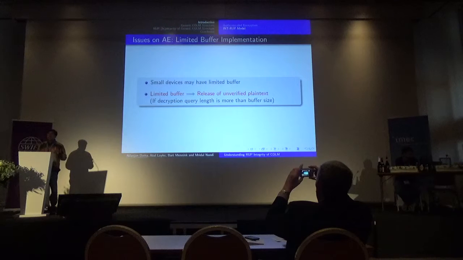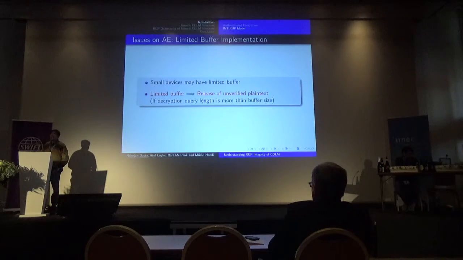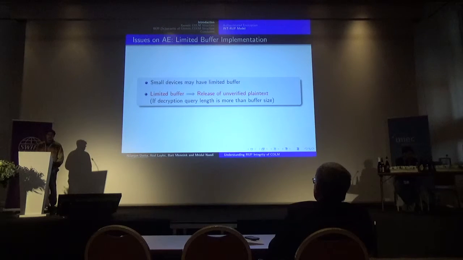Because suppose you are considering decryption of a message of length 200 blocks, but you have a buffer of size just 100 blocks. So after 100 blocks, you have to release some plaintext. This unverified plaintext might leak some information about the scheme. So if the encryption query length is more than the buffer size, then this problem arises.